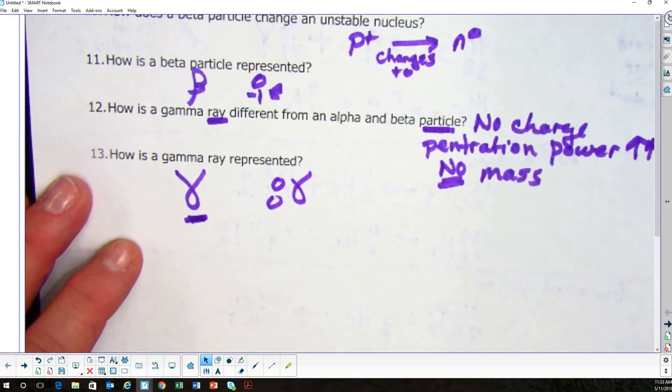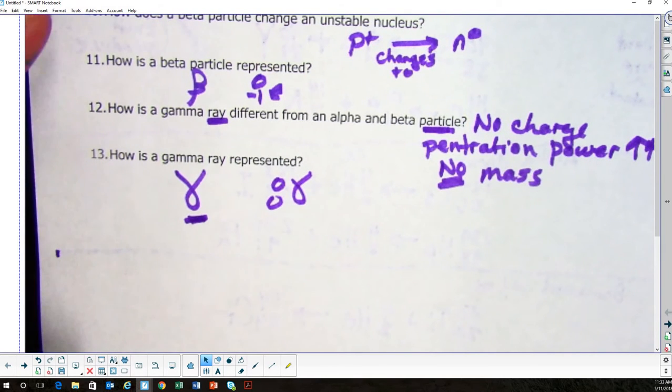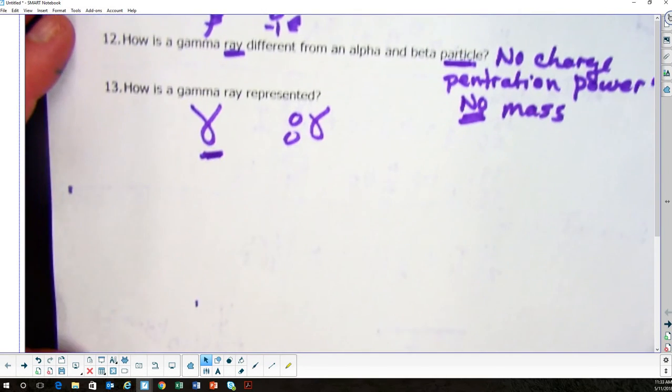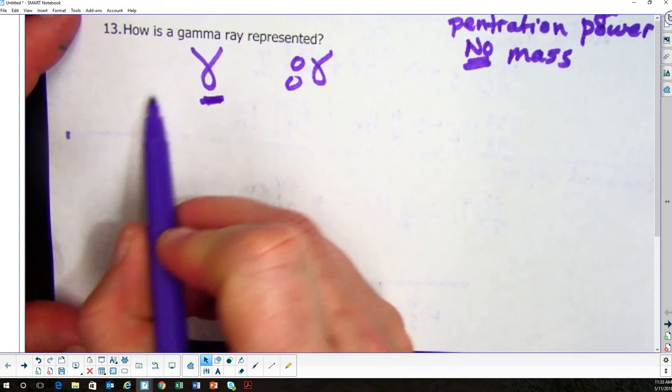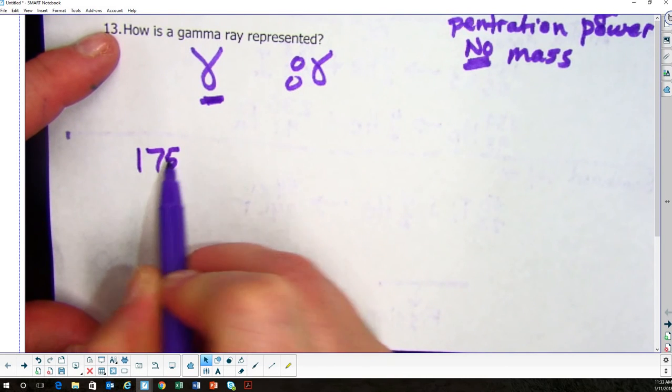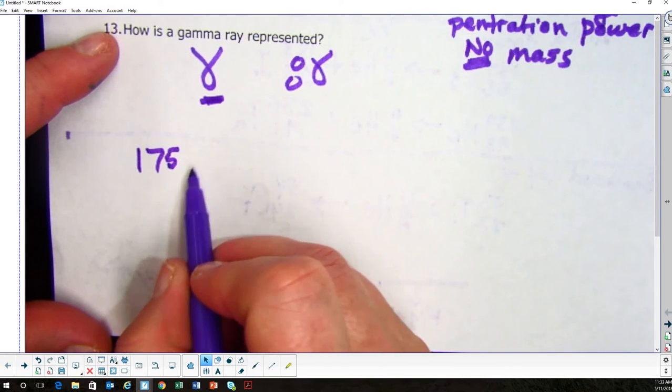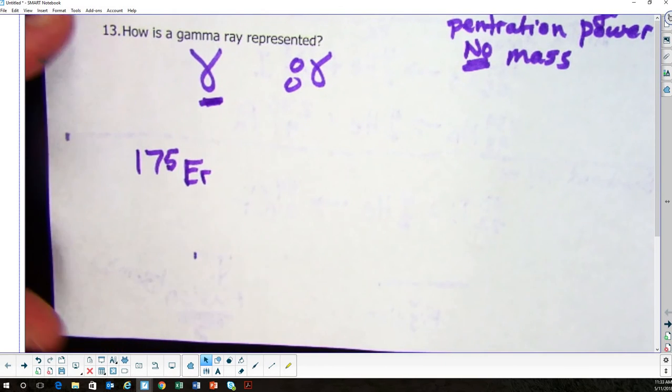Okay? All right, down here at the bottom, I'm going to add a couple more because I want you to practice doing equations from scratch. You ready? We are going to start with 175 erbium, and I want you to do a neutron capture. Erbium, what's the number?